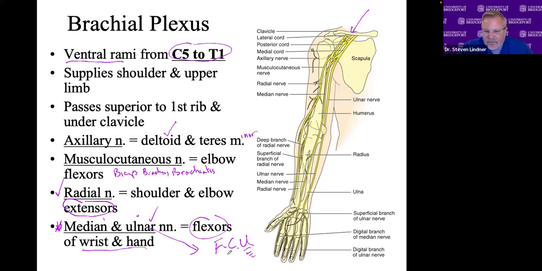And then you probably learned muscles that flex the digits. There was a flexor digitorum superficialis, and then there was a flexor digitorum profundus, which is deeper. So the flexor digitorum profundus goes to digits 2, 3, 4, and 5. And the ones that go to digits 4 and 5 are going to get ulnar nerve.